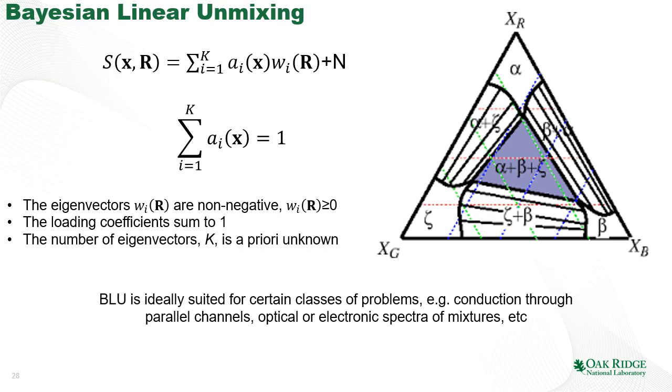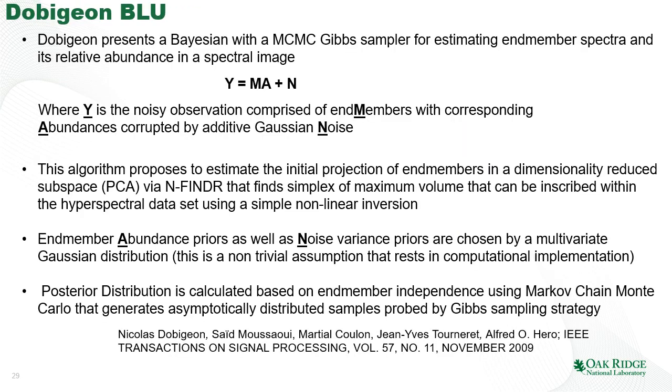I will show you an example of when we actually applied it in this capacity. Now, the practical implementation of the BLU can be done through the codes written by Nicolas Dabijon about 10 years ago.